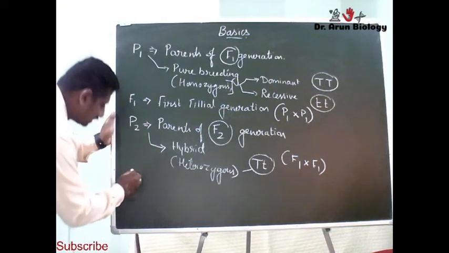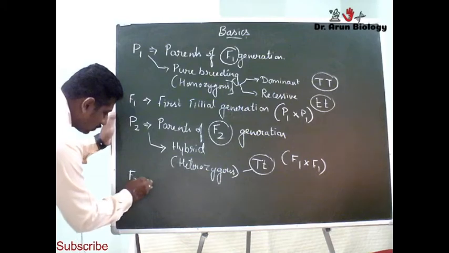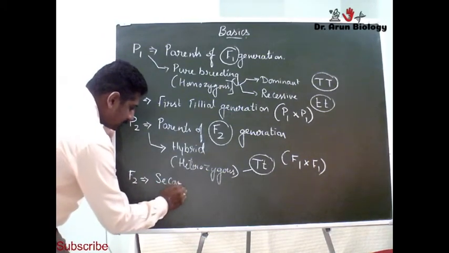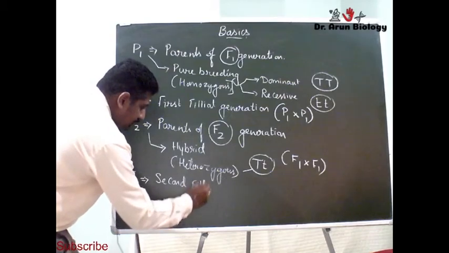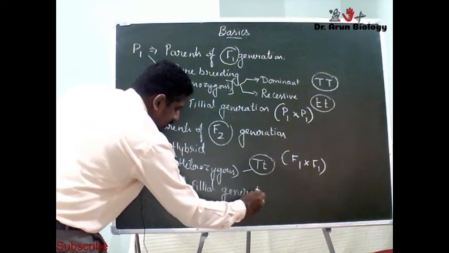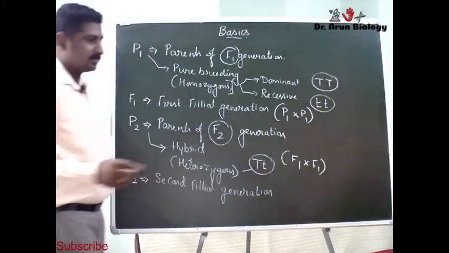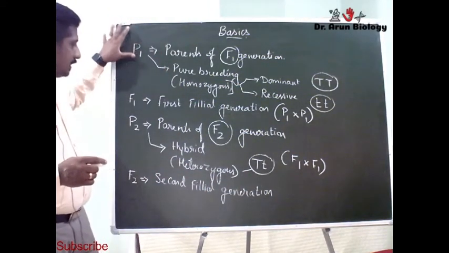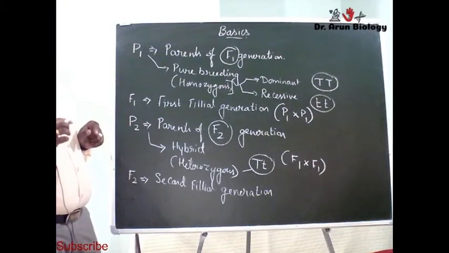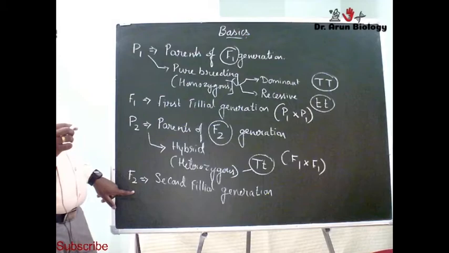Next is F2 generation. What does F2 generation mean? It means second filial generation. So we have the P1, F1, P2, F2. These are the common things that you must know.